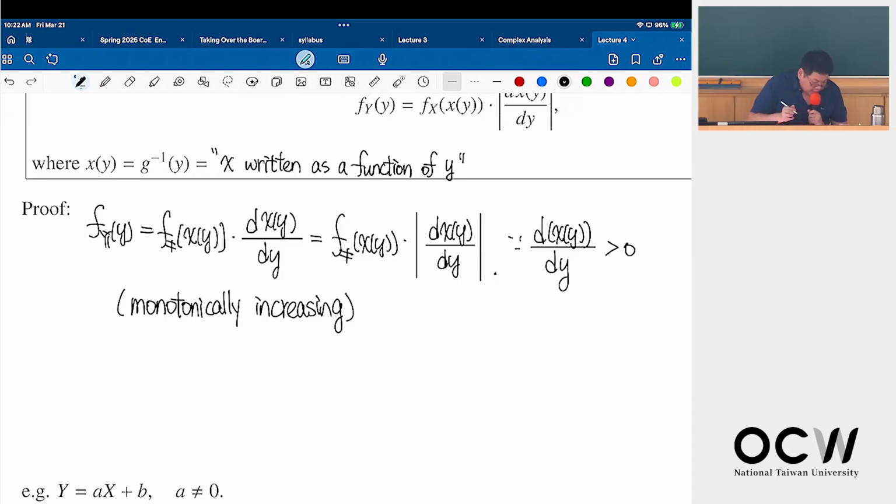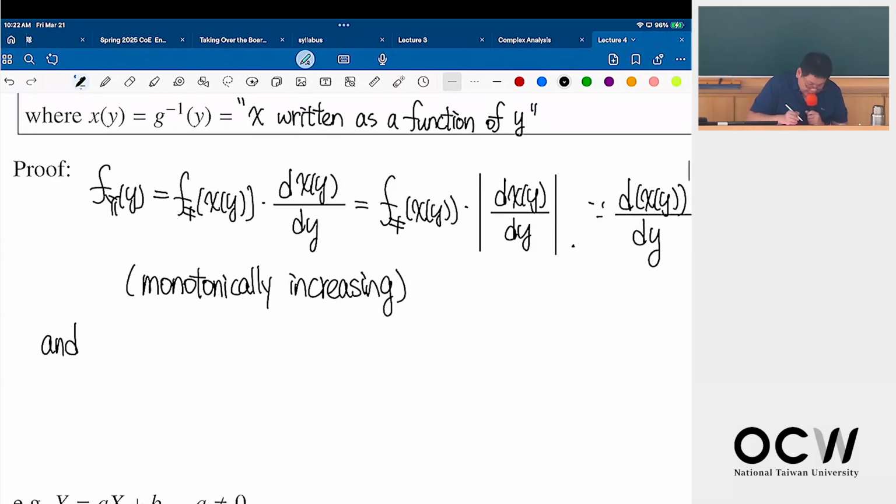And how about the other case, monotonically decreasing? The equation 2.